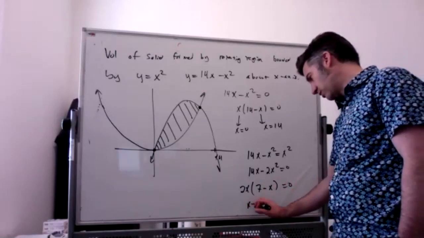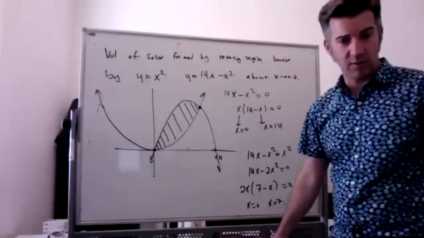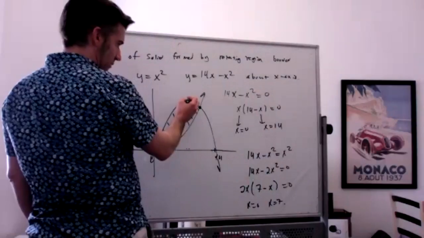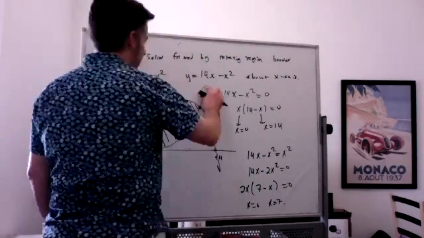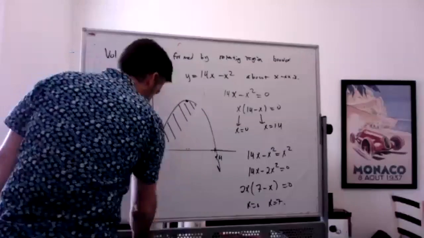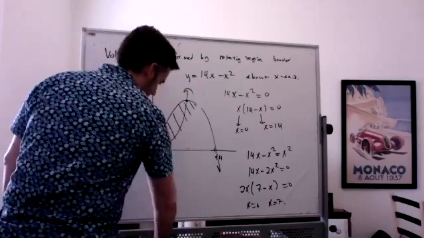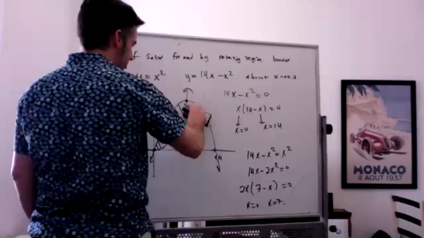So you get x equal to 0 and x equal to 7. I've probably drawn this slightly incorrectly, in that the point of intersection is actually at the vertex of the other graph. That's fine, it doesn't need to look perfect. If you really wanted to, you could change it so it looks more like what you actually have. Again, not a big deal if your picture is a little bit off.